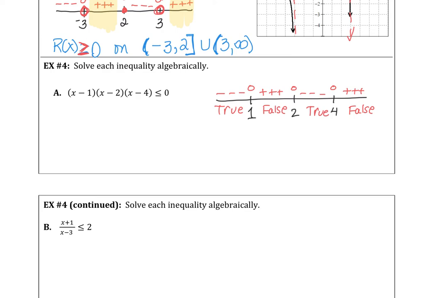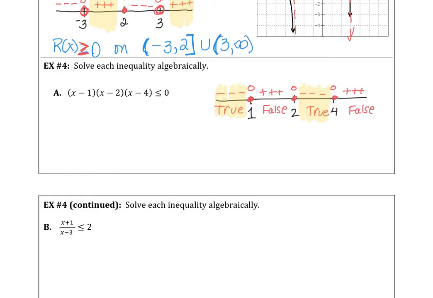And thinking about the truth, we want the truth where the polynomial function is less than or equal to 0. What happens with the zeros? It's got to be equal to, so this would be true, this would be true, and this would be true.